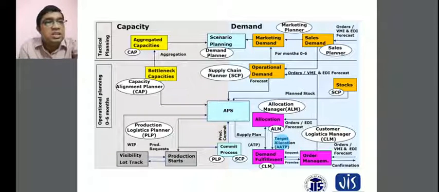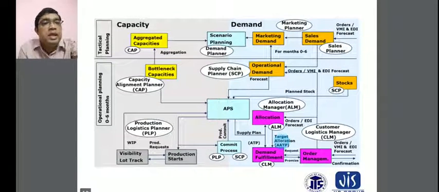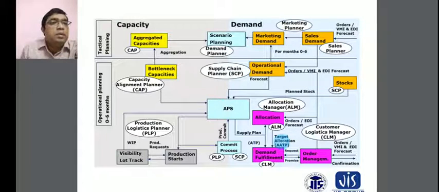Another thing is the operational planning of 0 to 6 months, where the stocks are considered according to the CP, and this goes to the APS. You have the orders, the BMI, and the EDI forecast, just like the operational demands, and the forecast from the customer survey also goes to the APS.